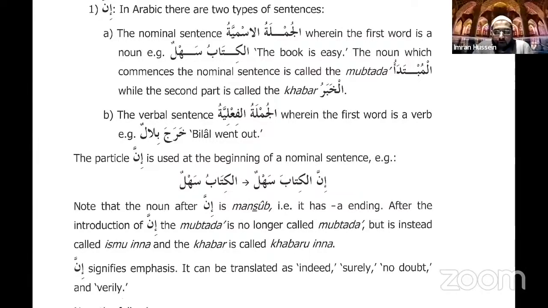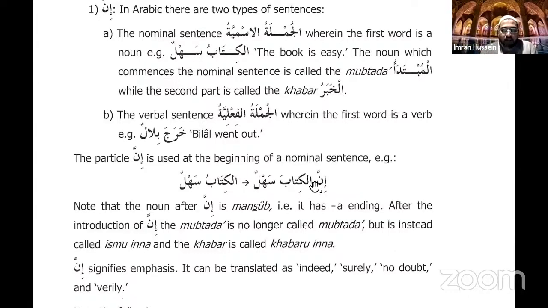Now the most important point in this is that the particle inna only enters a nominal sentence. So we cannot say inna kharaja Bilalun. It has to be a noun after inna itself for it to be a nominal sentence and for it to be suitable in the sentence.